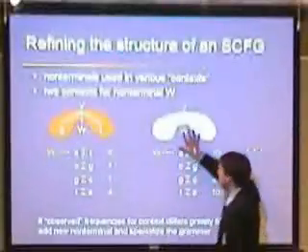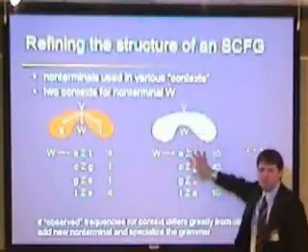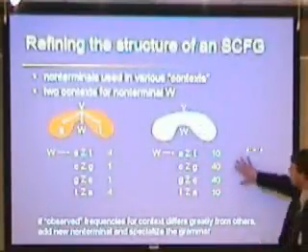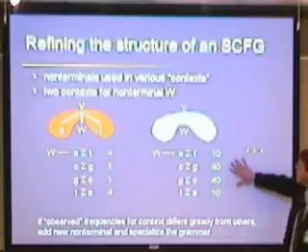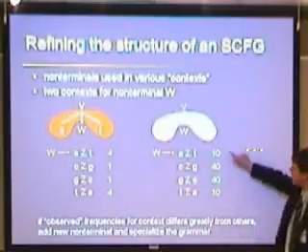The thing that we look for is whether a non-terminal is used in some context very differently than it is used in all other contexts. Because this is a context-free grammar, we would expect the statistics for W being used in this context to be the same as W in this context here. So here's the case where these two are not the same. It's not the raw numbers that are important, just the distribution.